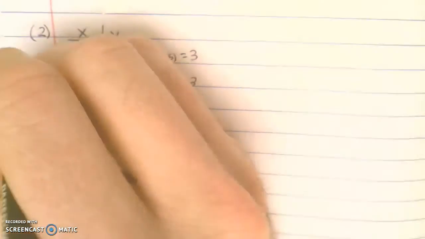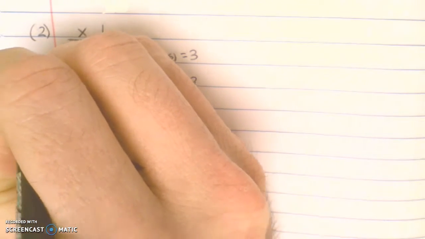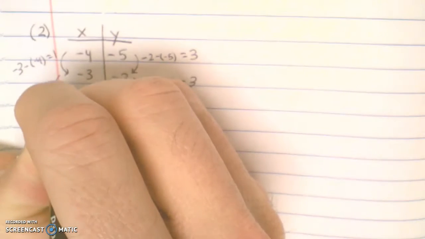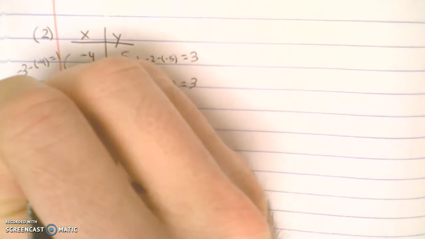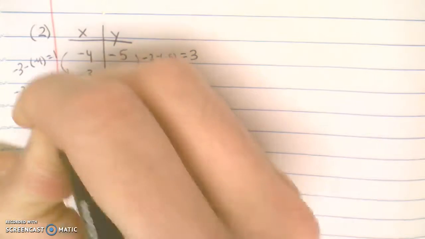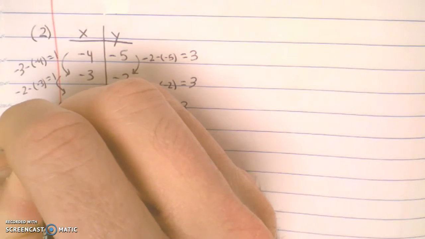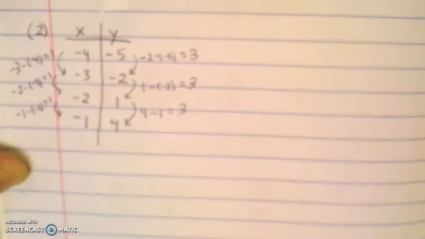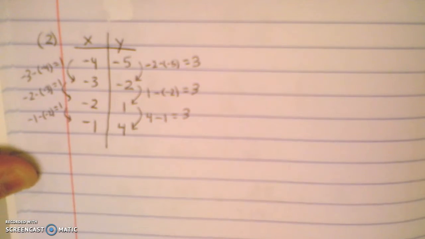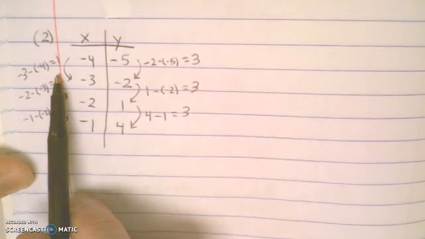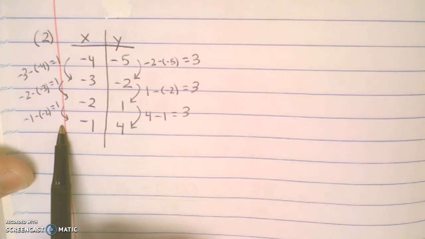My x values I can calculate very quickly as well. -3 minus -4 is 1. -2 minus -3 is 1. -1 minus -2 is 1. So the change in the x's is 1. These are going up by 1 each time.